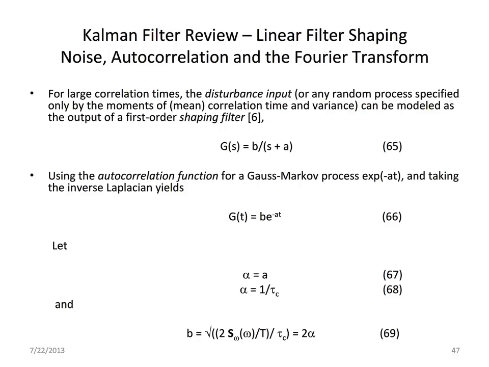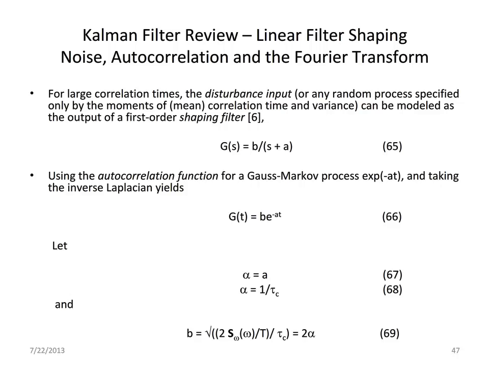Same thing for A sub SF, the A matrix for the shaping filter, times state x at time t. The measurement m at time t is represented by the shaping filter omega 1 at time t. The plant noise is now represented by omega sub 2 at time t.